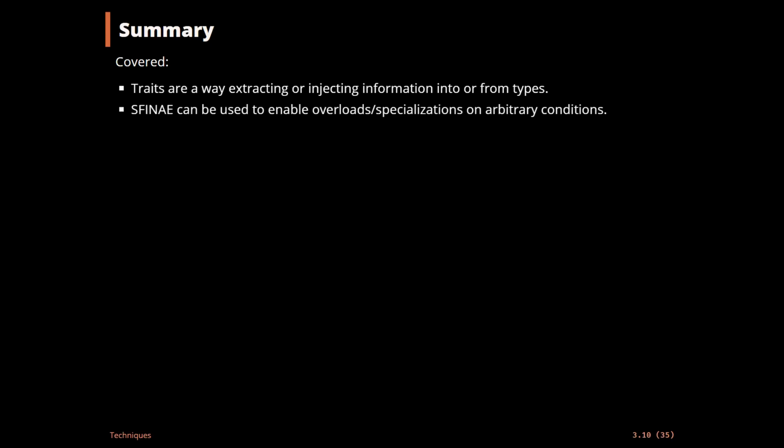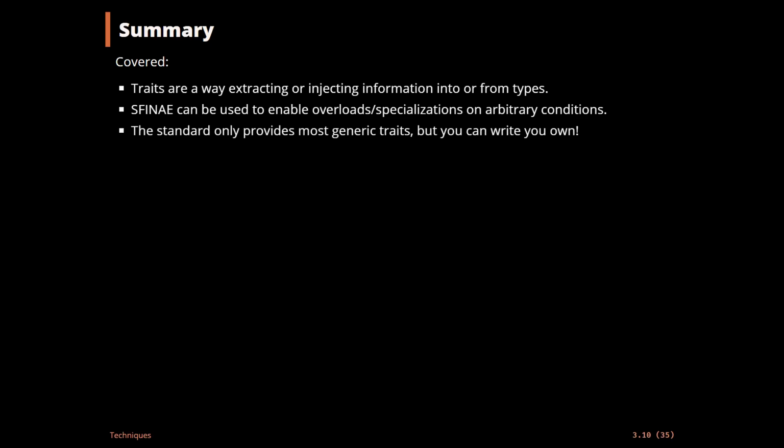Now, SFINAE can be used to enable overloads or specializations on pretty much arbitrary conditions. If you're willing to go as far, and if you're really that crazy, you can check any condition you want at compile time. With the standard traits and your own traits, you can do pretty much anything you can check for. It just gets exponentially harder. The more stuff you're checking for, the harder your conditions will be.